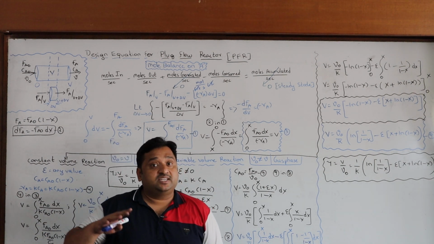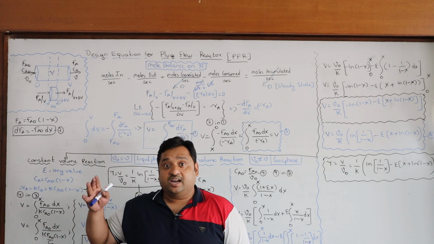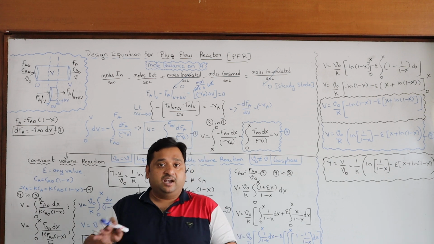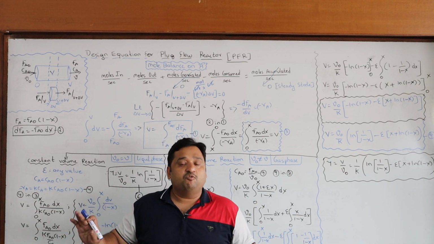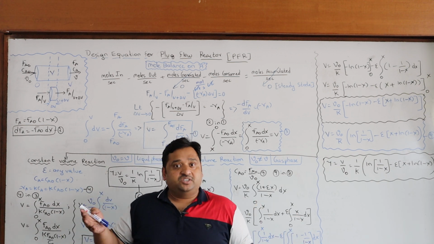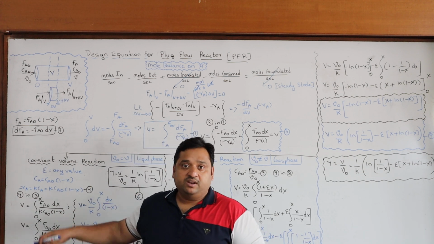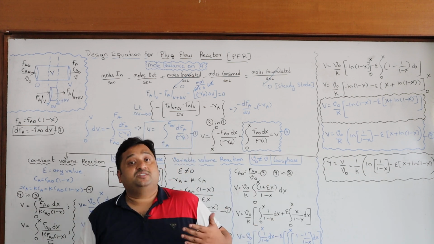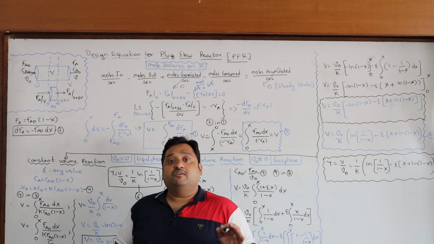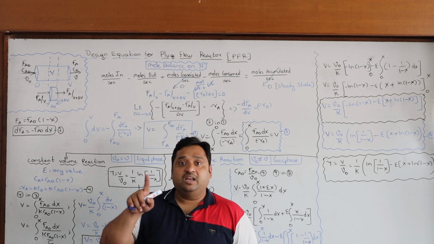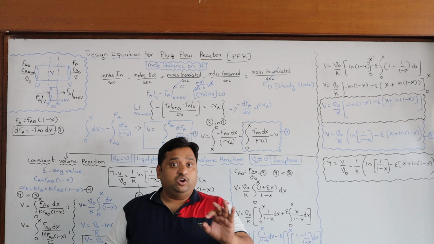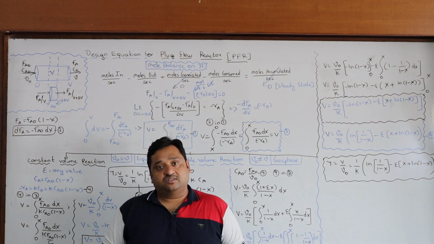As we have discussed for the CSTR in my previous lectures, let us divide into two different cases. There are some reactions where the volume change will not happen, and some reactions where volume changes happen. Volume changes will not happen in liquid phase reactions, they happen in gas phase reactions.